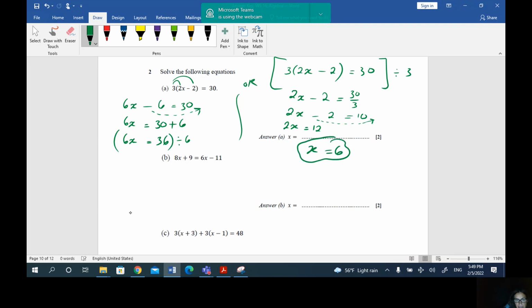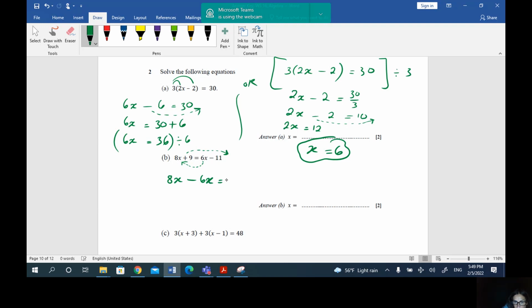Okay. Here we're going to send 8x plus 9 is equal to 6x minus 11. So we will send this here and we will send this here. So we start with 8x minus 6x. This is on the left side of the equal.